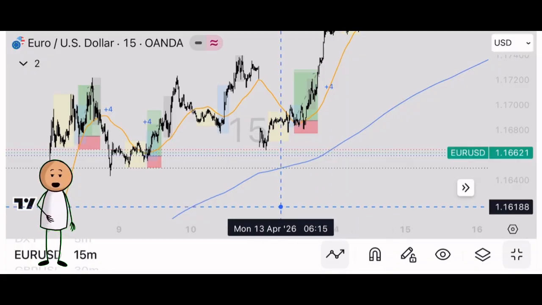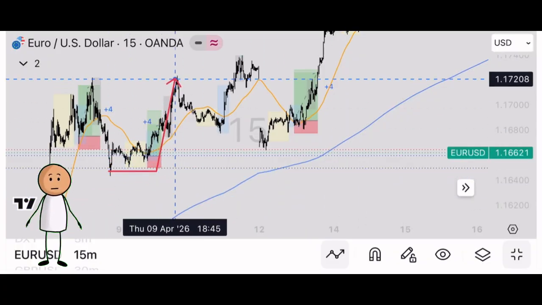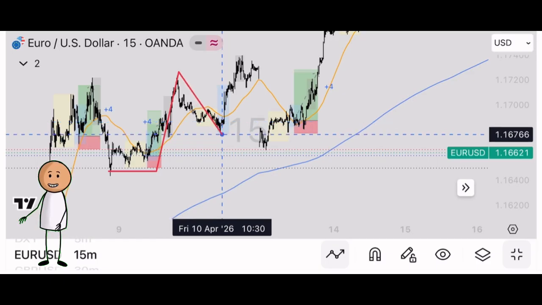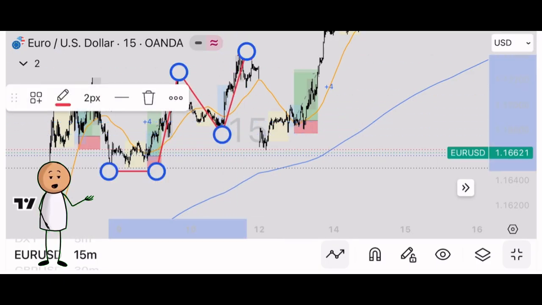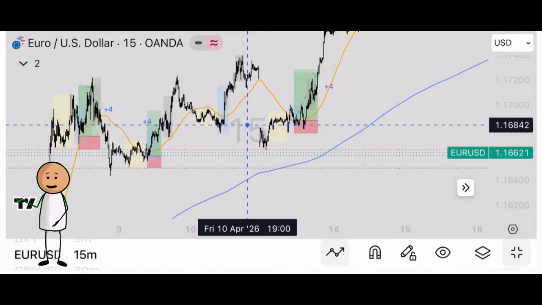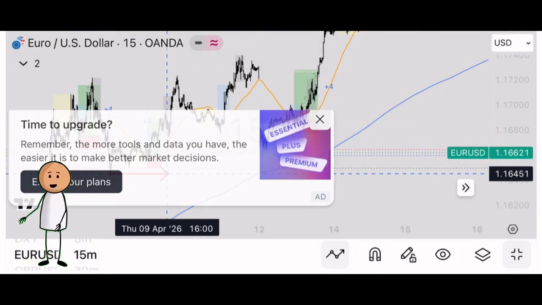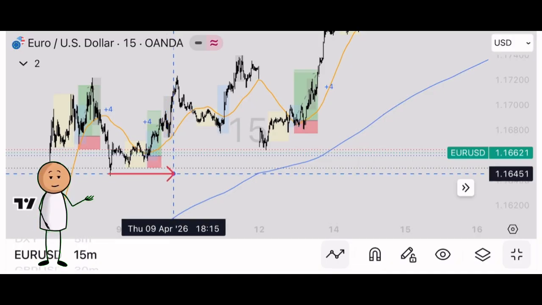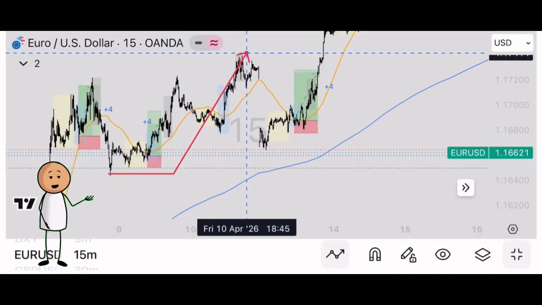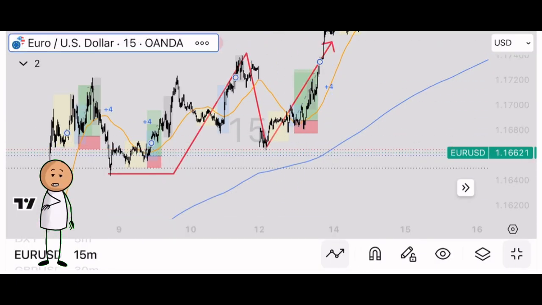Like if you use maybe these lows right here, highs, lows, highs, or just simply using this. We have these lows, right? Highs, low. We want to break that high.